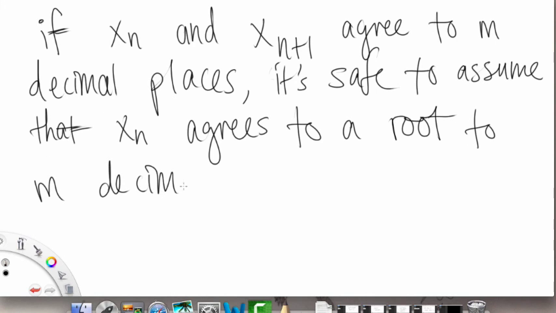Okay, so that's how accurate it is. That's just a quick measure there. And that's pretty much it.